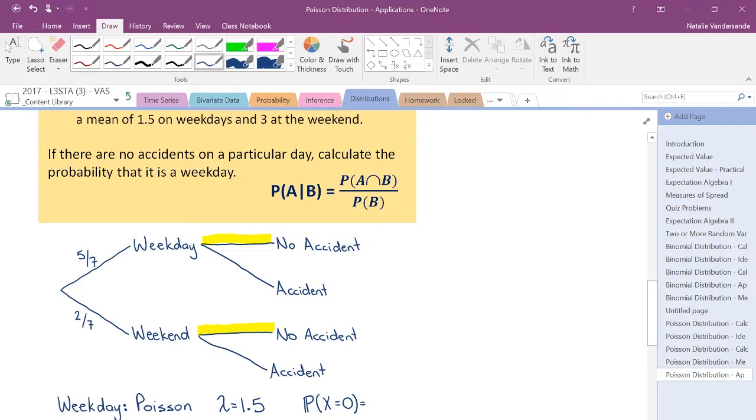So on a weekday, we have a Poisson distribution with a lambda of 1.5 accidents, and we're trying to find the probability that there are no accidents.